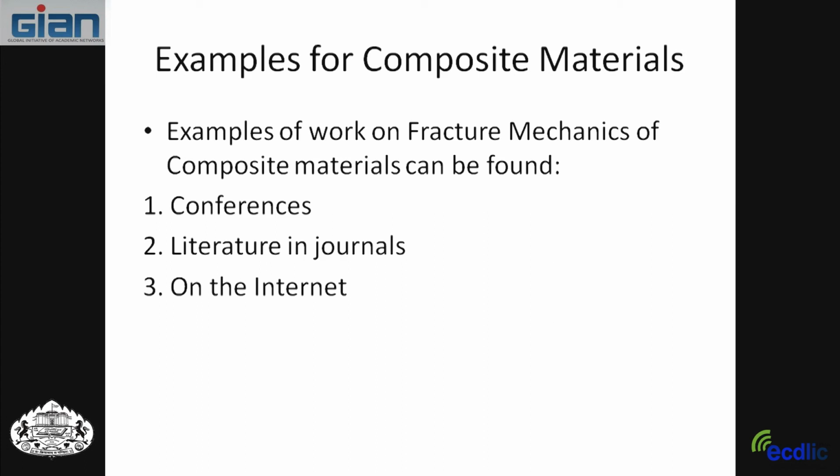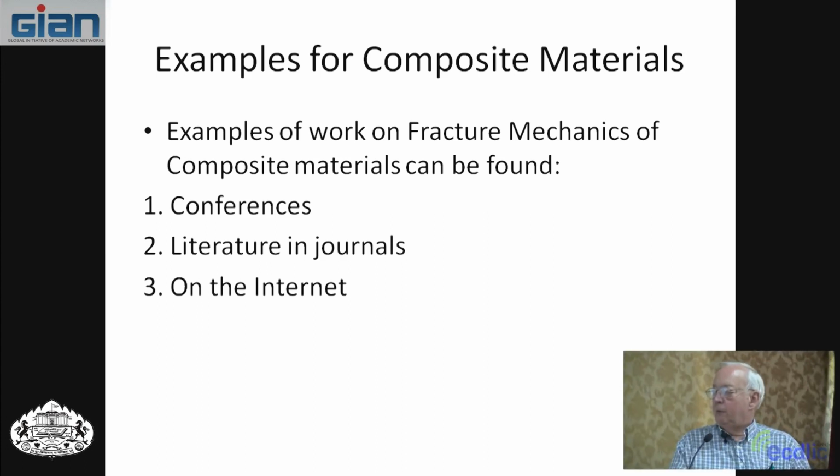Generally, when I get papers to review or go to conferences with fracture, we have just regular isotropic material, so I don't see much on that. But you can also find stuff on the internet. The trouble with the internet is you see a title and an abstract, and if you like it, you probably have to pay to get it. If you don't feel like paying, tough luck, you don't get it.